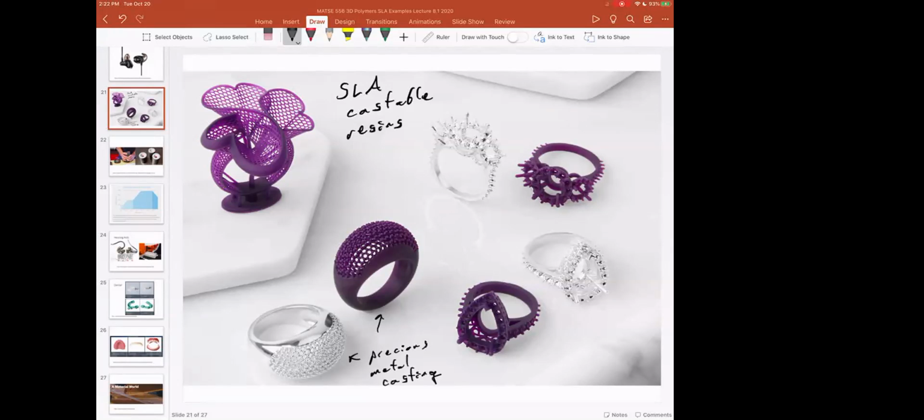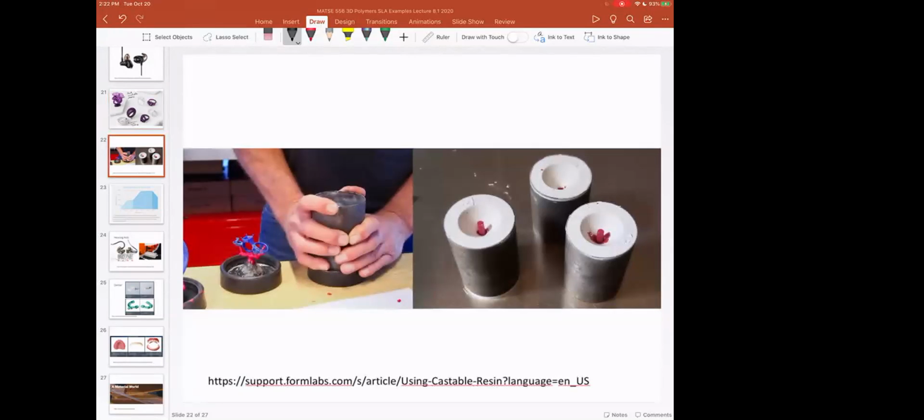And the way that casting is done is you take your printed components and this is put into a plaster mold, and you fire that mold, and then you're able to pour metal.